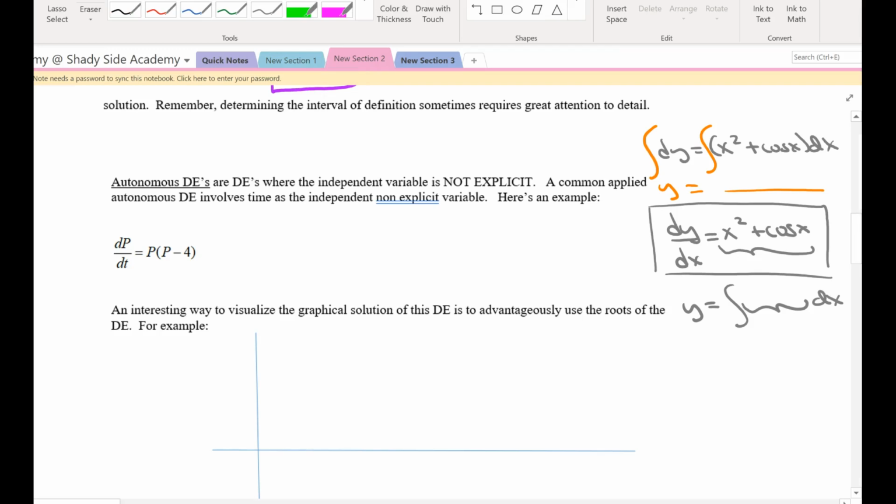Sometimes there's this longing to always talk about functions or Diffie-Qs in terms of the independent variable, which is perfectly fine. The phrase the independent variable not being explicit really just means that your differential equation here depends on the dependent variable and really not so much on the independent variable.